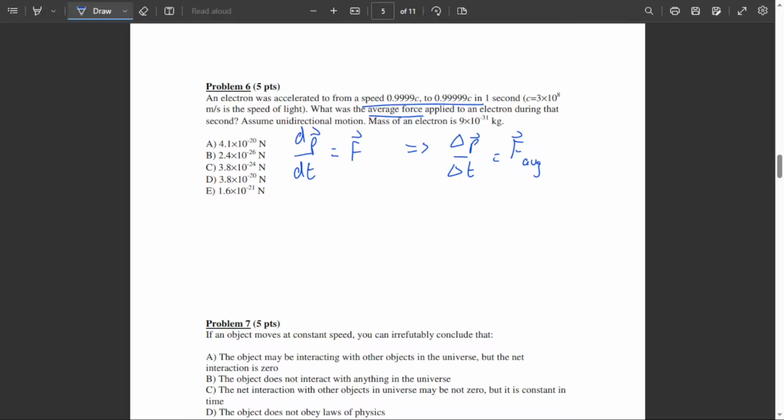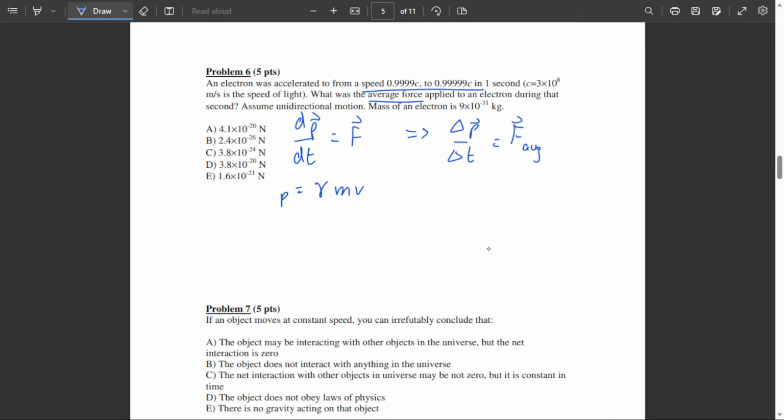So, in relativity, momentum is equal to mass times velocity times the Lorentz factor. If we want to know the change in momentum, that's just going to be everything as before, but with the change in velocity.